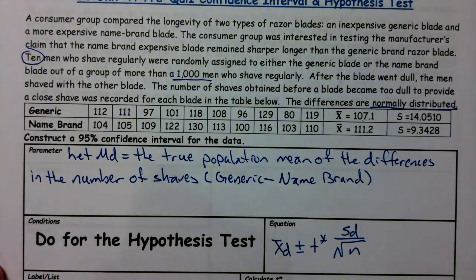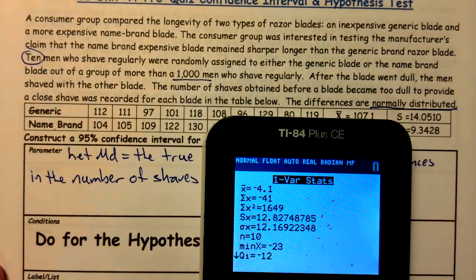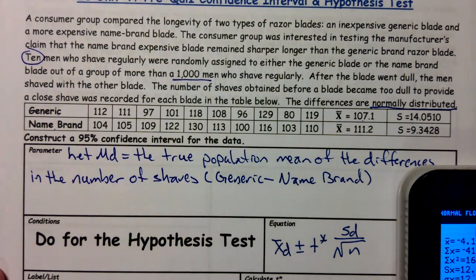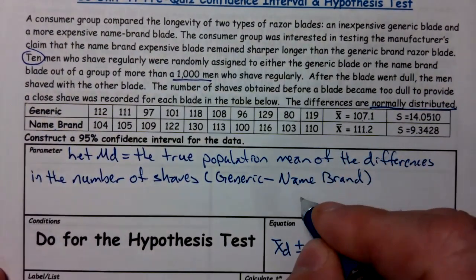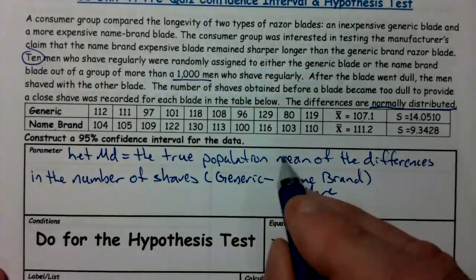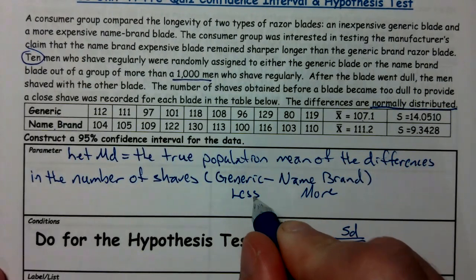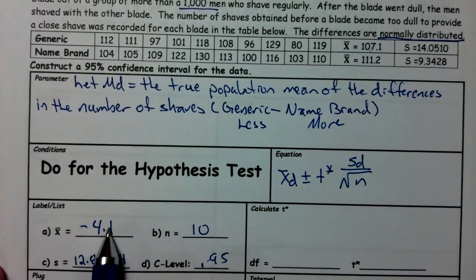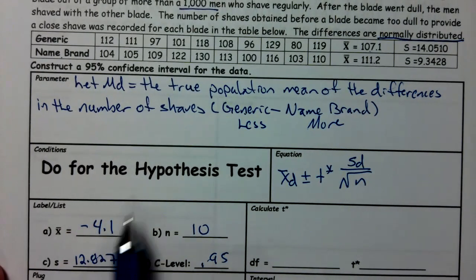All right, I want to talk about that negative 4.1. We went generic minus name brand, so it turns out it appears to be negative. This had to be more and this had to be less. So on average, it appears that there's 4.1 fewer shaves for the generic. Now the question is, how statistically significant is it?